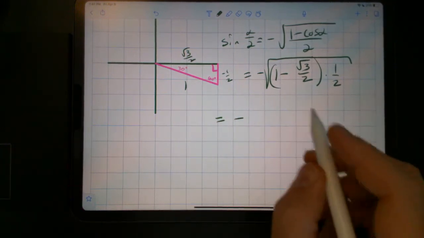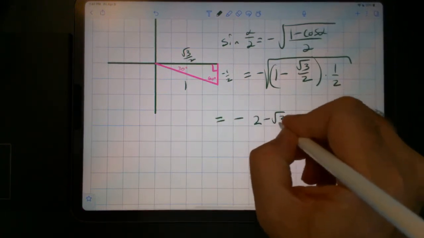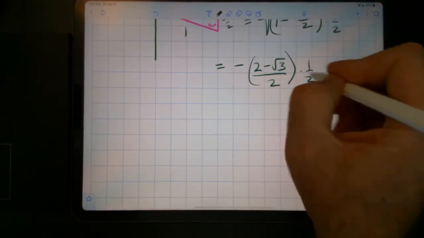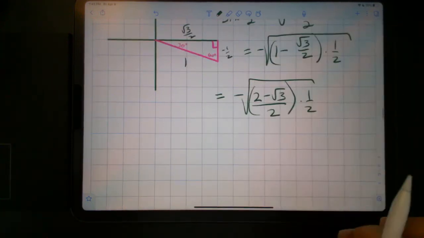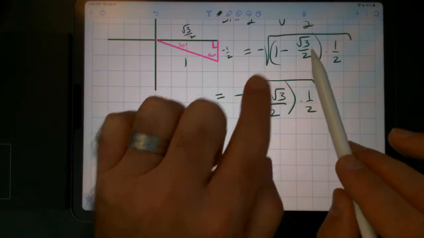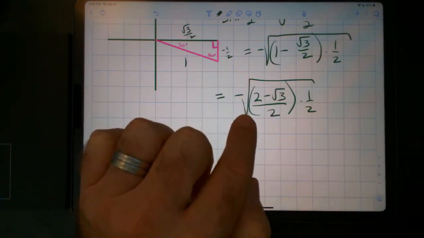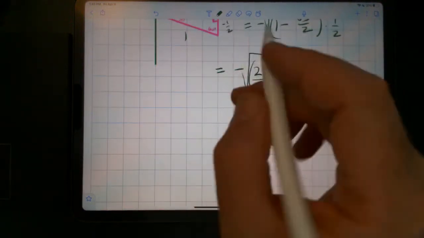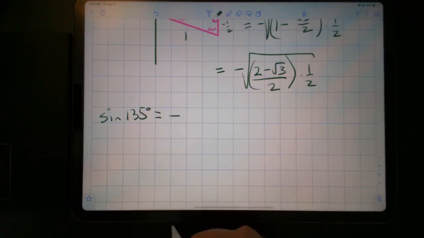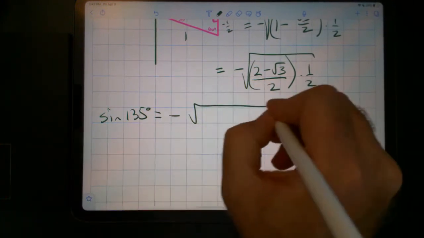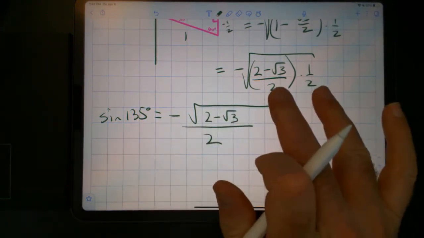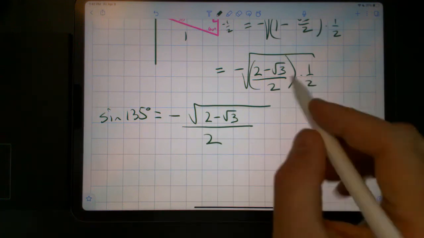So we have negative 2 minus radical 3 over 2 times 1/2. 1 minus this is the same thing as 2 over 2 minus this. Okay. So that sine of 165 degrees is equal to negative square root of 2 minus radical 3, all divided by 2. Because 2 times 2 is 4, square root of 4 is 2.